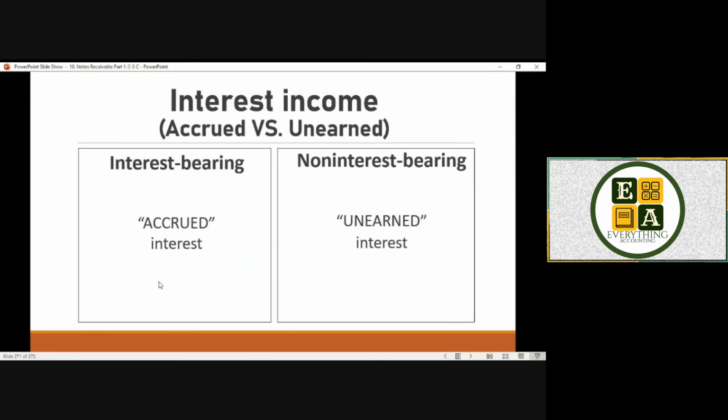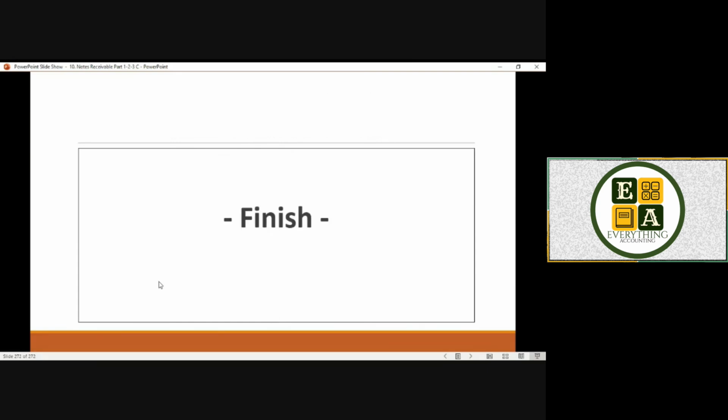Therefore, we can safely say that there is no unearned interest under interest-bearing and there is no accrued interest under non-interest-bearing. Accrued interest is only under interest-bearing and unearned interest is only under non-interest-bearing. So I guess that's it for our discussion for the notes receivable continuation under non-interest-bearing notes receivable.